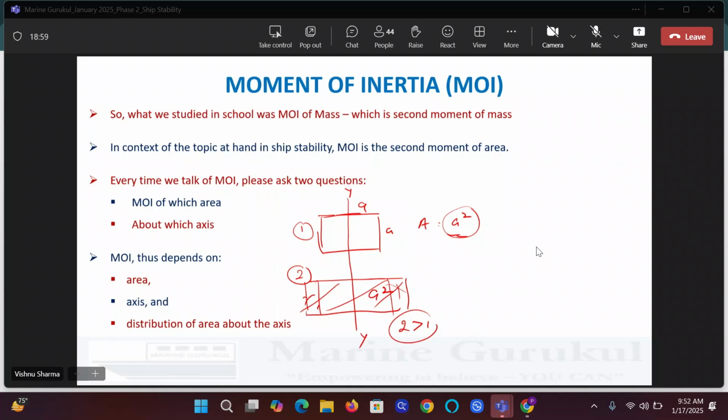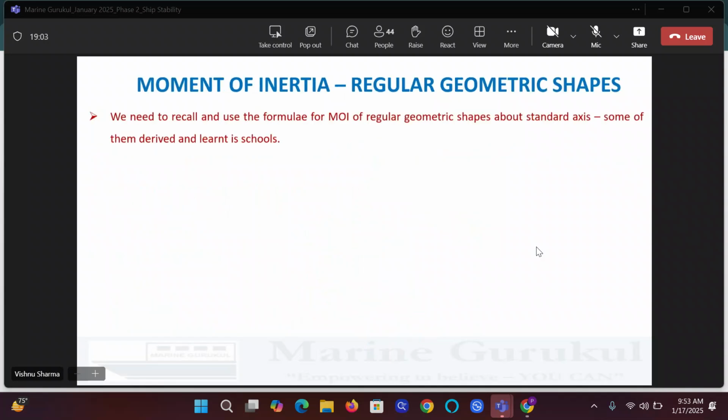What are the shapes that we usually use? There are 5 shapes usually that we use. So we need to recall and use the formulae for moment of inertia of regular geometric shapes about standard axis. And I remember very clearly, at least I had done it in school when I was in class 9 or 10. Some of these we had derived in school.